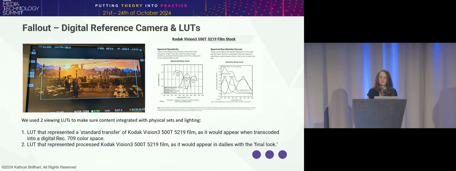So he built two viewing LUTs for us to use in our digital reference camera system. One was the Vision3 5219 film stock as it would look transcoded through a Rec 709 gamut. The second major look was the proposed film dailies look, as seen through that Rec 709 gamut.